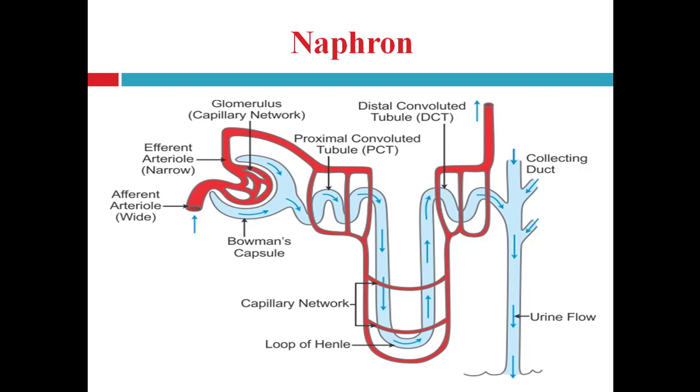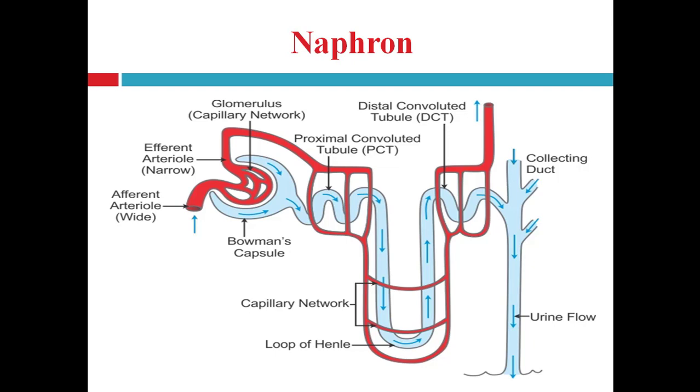The glomerulus is a closed cup-shaped structure that is known as the Bowman capsule, and it contains the capillary network from which blood is filtered. Then the second part is tubules, which include the proximal convoluted tubule. Proximal means nearer to the Bowman capsule, and the distal convoluted tubule is known as distal because it is far from the Bowman capsule, and in between the proximal and distal tubule there is the loop of Henle.